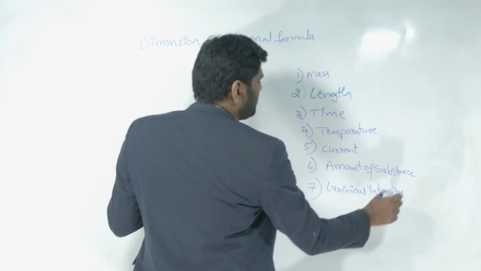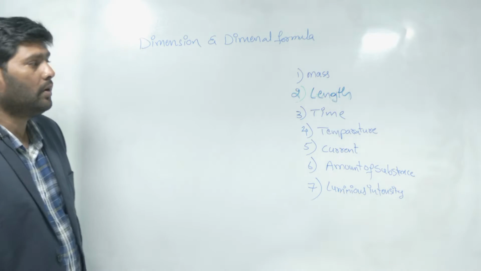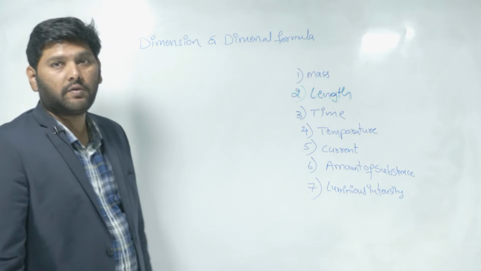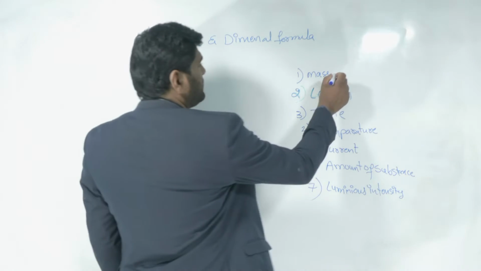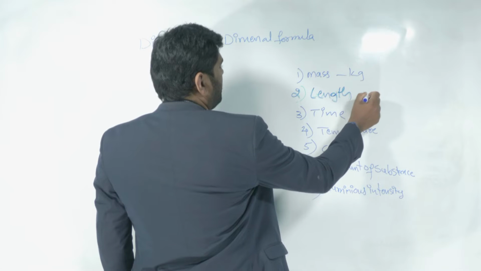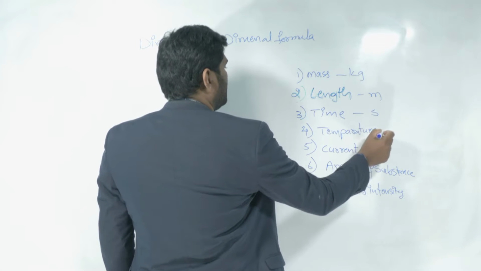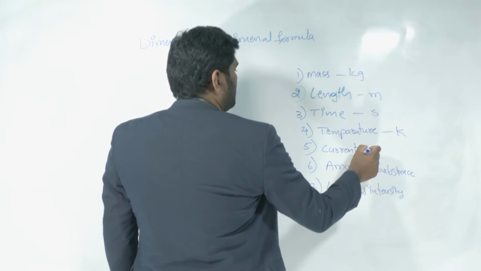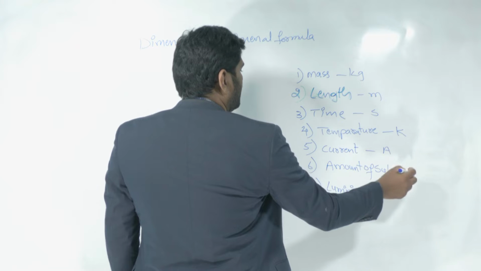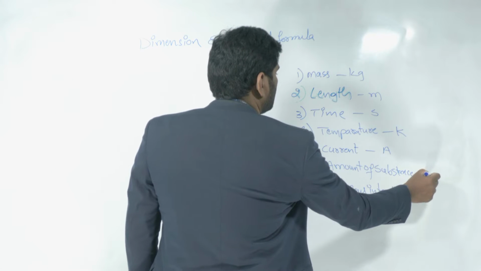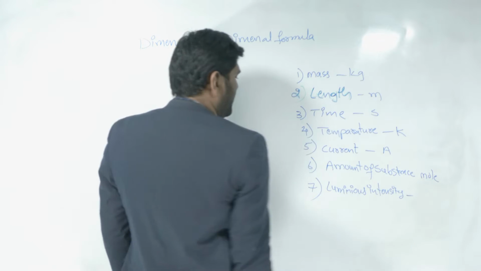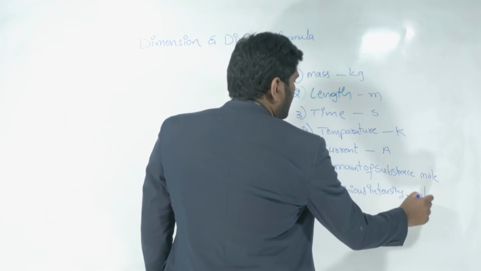These are the 7 fundamental quantities, and their units: for mass kg, for length meter, for time second, temperature Kelvin, current ampere, amount of substance mole, and luminous intensity candela.